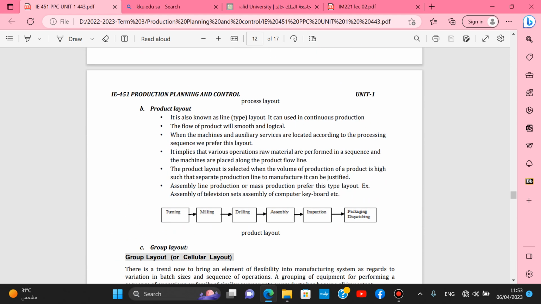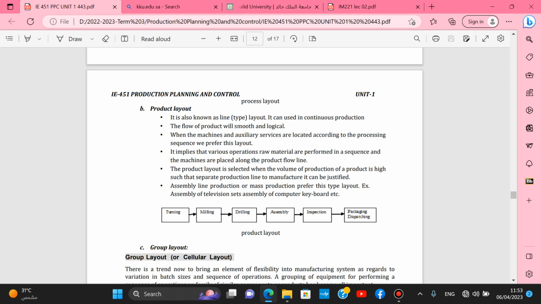البرودكت layout هو اللي قلنا يعني يكون one product هو اللي بيمر على different stations until it becomes final product. It is also known as line. نسميه أيضا line layout, product layout وإلا line layout.